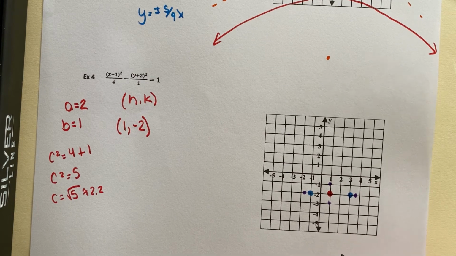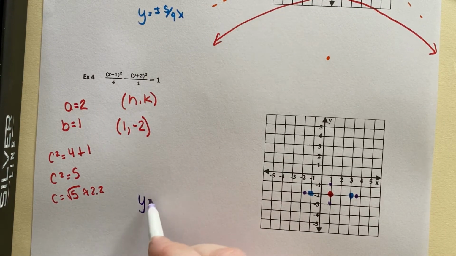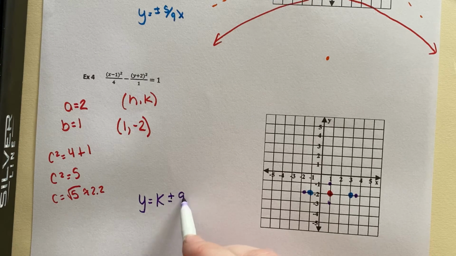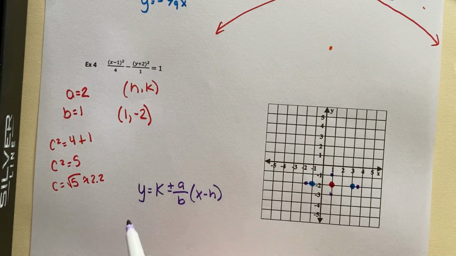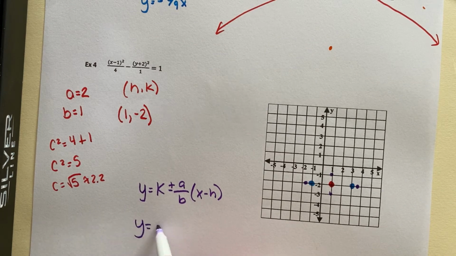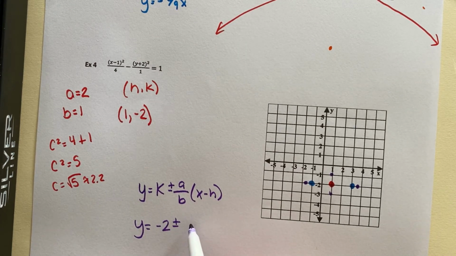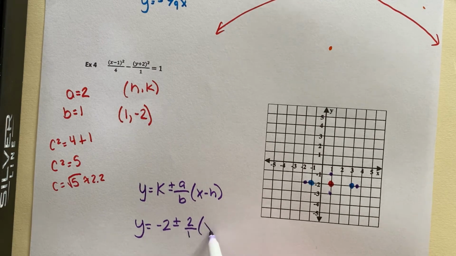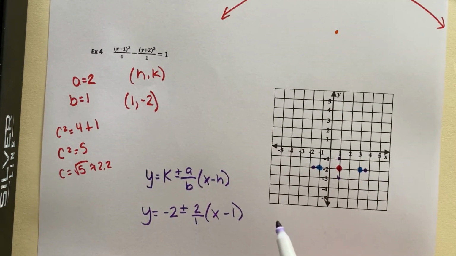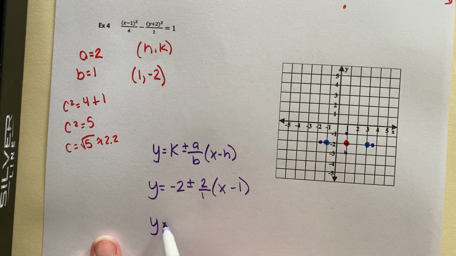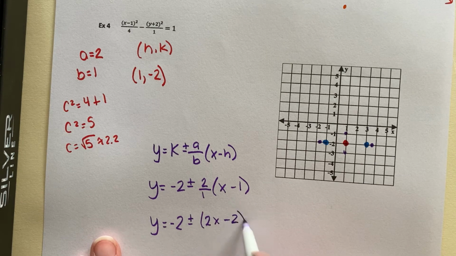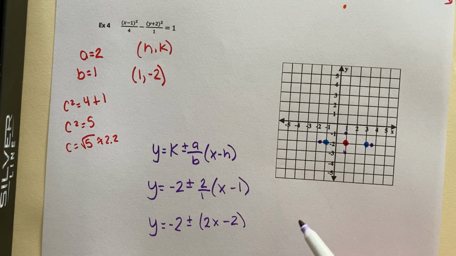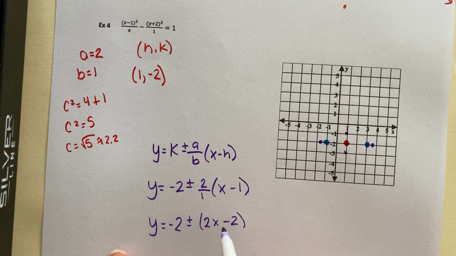Okay, so now let's do our asymptote. So asymptote formula, K plus or minus A over B, X minus H. So I'm going to plug everything in that I know. Y equals negative 2 plus or minus 2 over 1 X minus 1. So I'm going to simplify this a little bit. Negative 2 plus or minus 2x minus 2. So I've got two equations here.